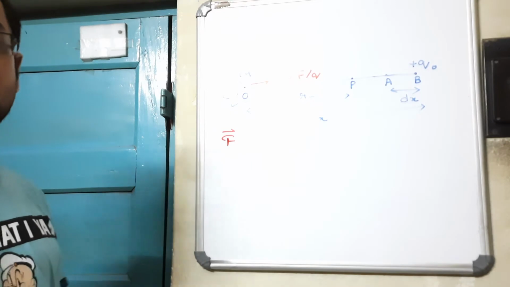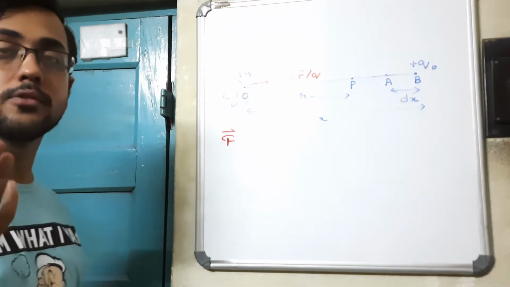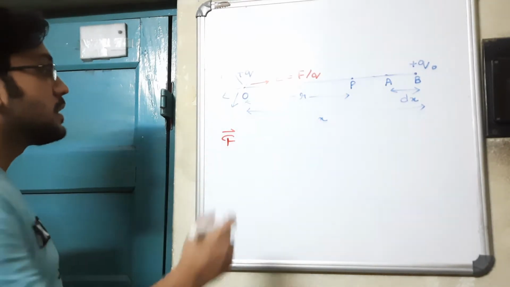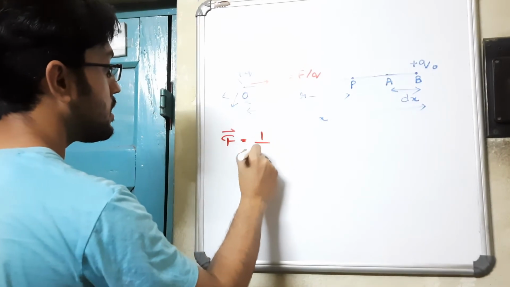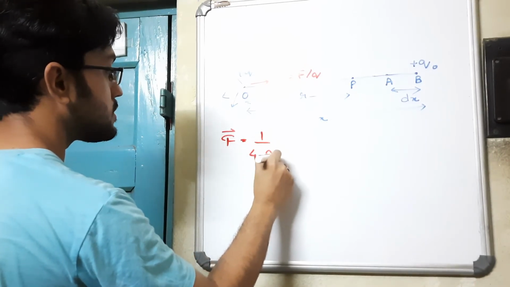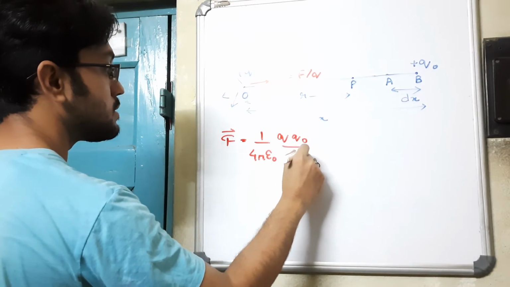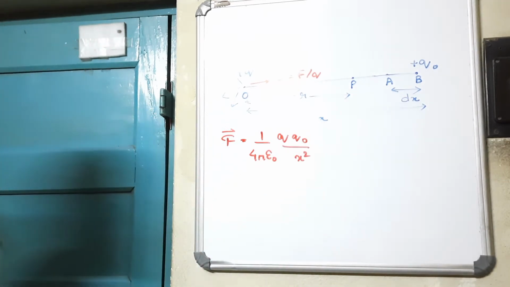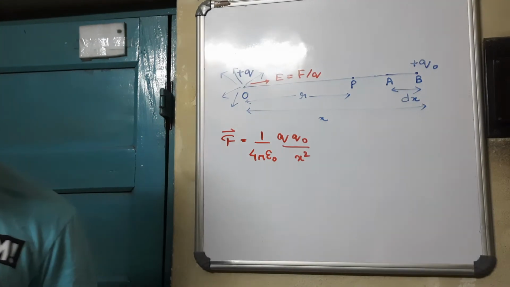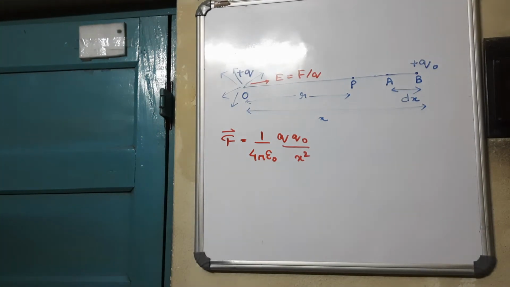Obviously, since both of them are positive charges, this is going to be a force of repulsion. The force is going to be 1 divided by 4 pi epsilon naught, Q Q naught divided by the distance between them, which is x, squared. So this is the force which Q naught is going to feel due to Q, because Q is going to repel the positive charge.